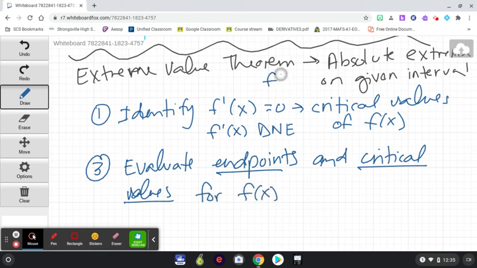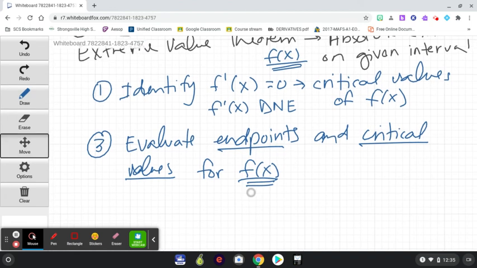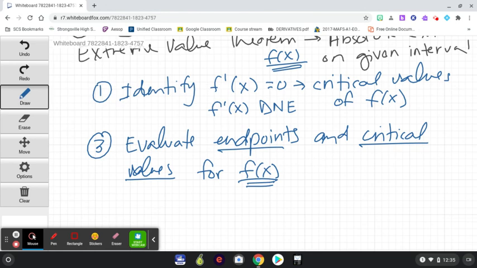So extreme value theorem, if I'm doing this for f of x, then to find critical values, I set the derivative of f equal to 0. And to create my table, I evaluate the endpoints and the critical values for regular f. And then I need to answer that question. And so that's your third step.